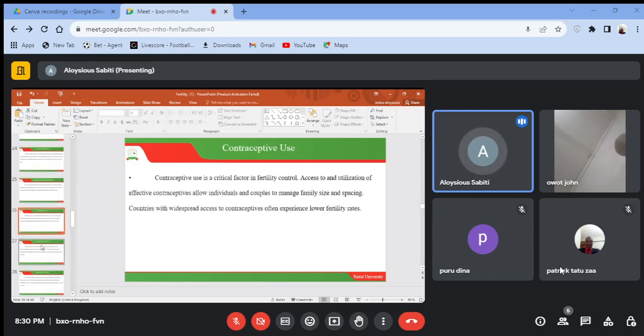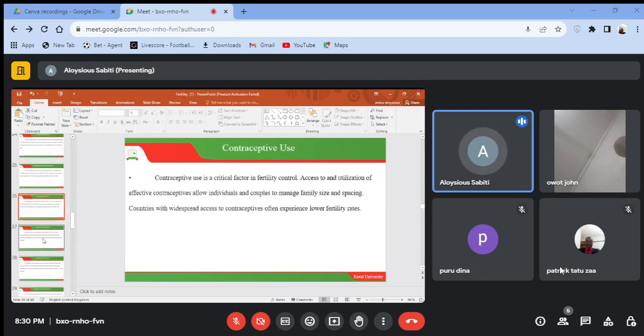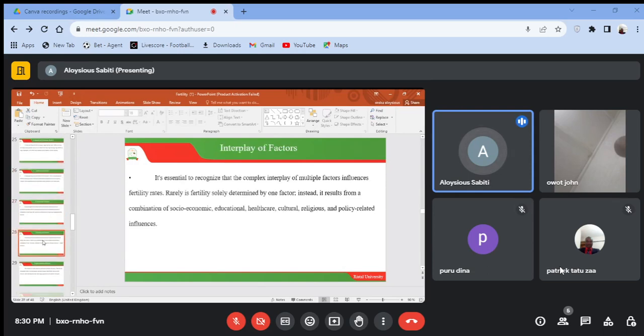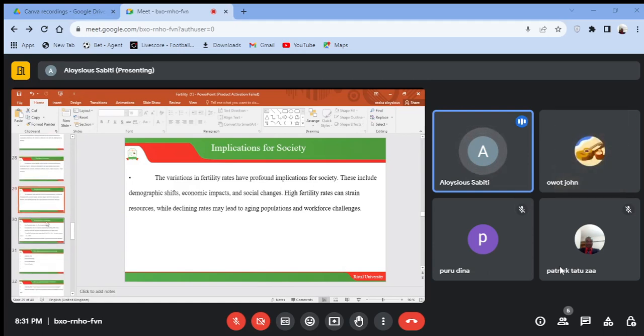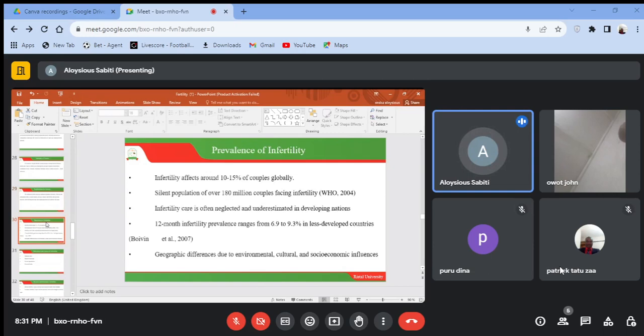Then we looked at the cultural and religious beliefs or norms, use of contraceptives, government policies, and the interplay factors. And we looked at the implication for the society, that the variations in fertility rates have profound implication for the society.